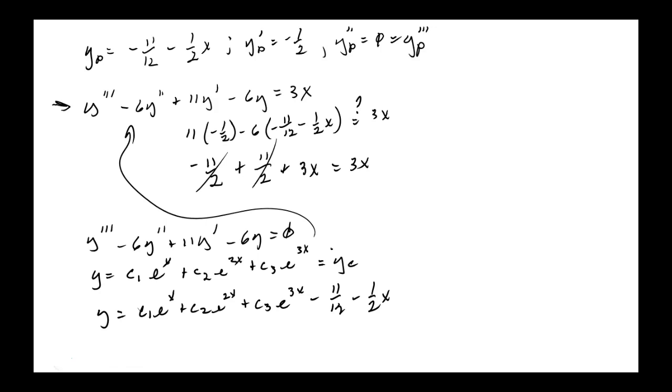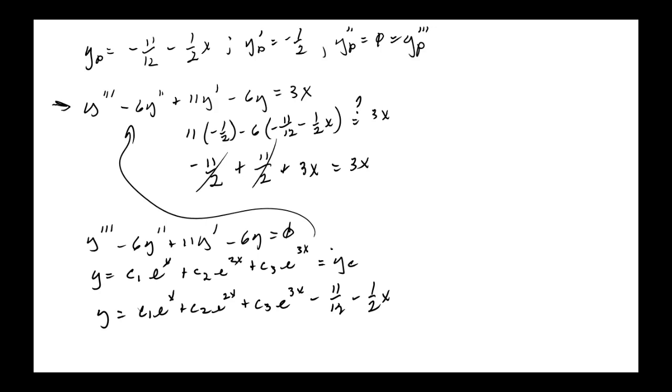Notice these terms here don't have arbitrary constants. These do, because that's the general solution for your homogeneous case. This is a particular solution that works with this function at the end. And since it does work for that, you leave it alone. If you put a constant in front of it, it's not going to solve that. This one solves it.